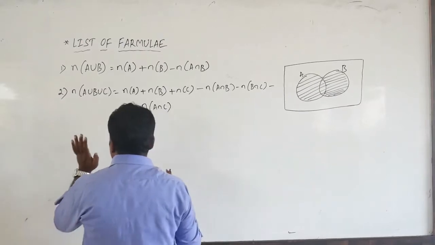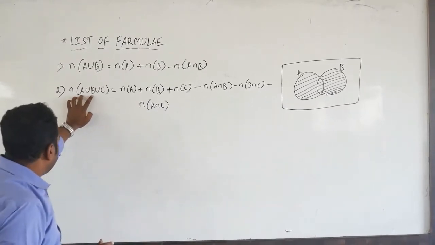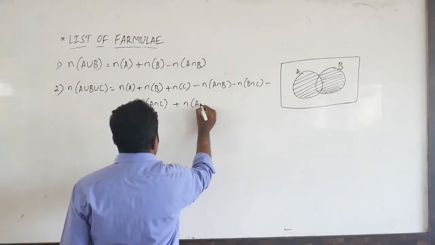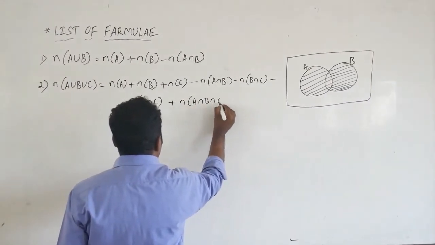And finally, plus n of A intersection B intersection C.